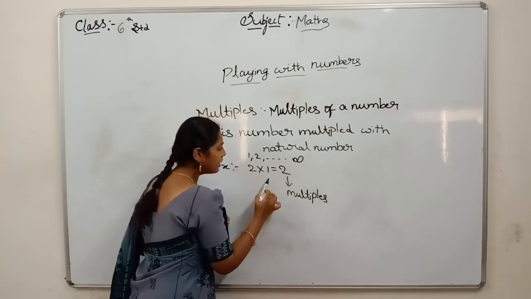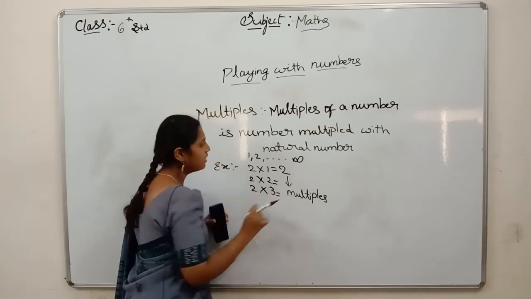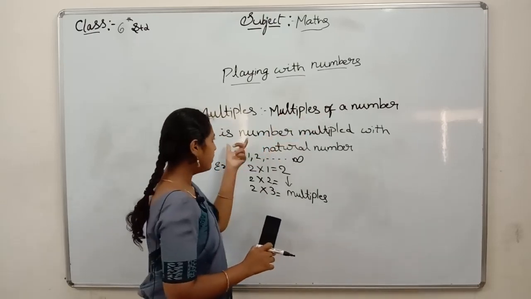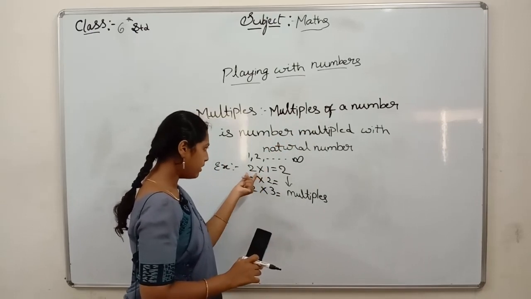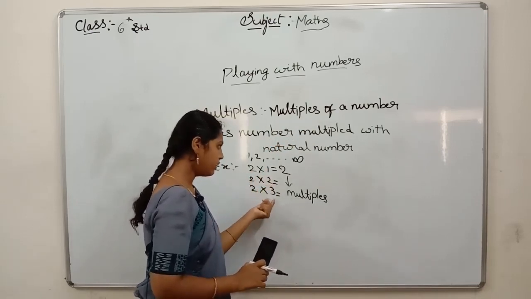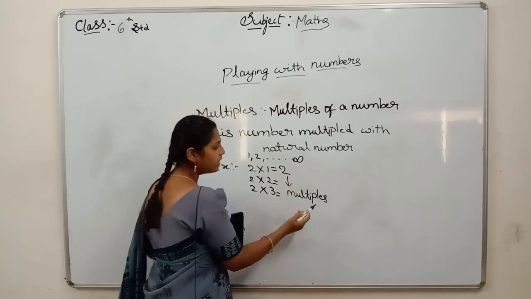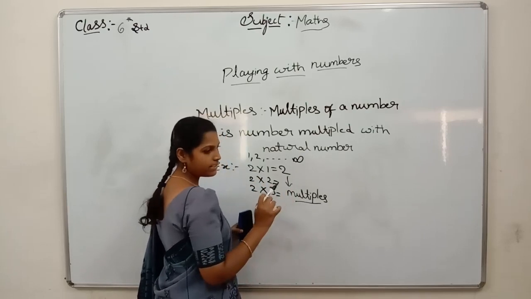These are natural numbers only. Multiples of a number is a number multiplied with a natural number. Then what will we get? The product. That we call multiples. You understand?